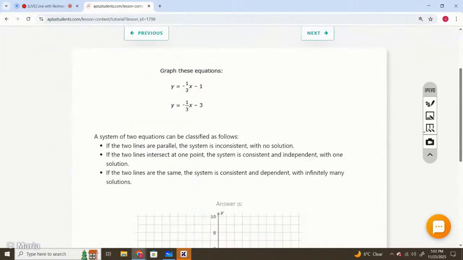Graph these equations: y equals negative 1 by 3x minus 1 and y equals negative 1 by 3x minus 3.